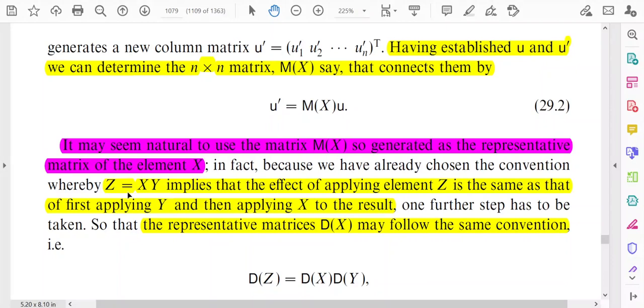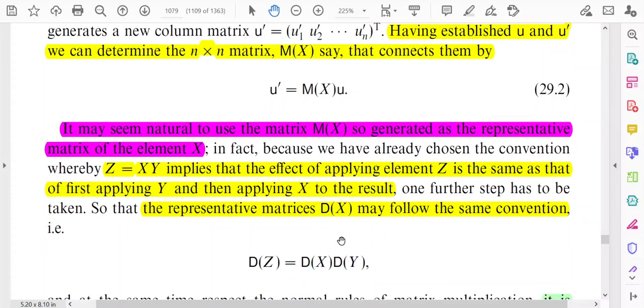Now, if from the multiplication table of the group G, this particular relation holds, that is z is equal to xy, then the representative matrix for the group G which we are going to find, if we generally name a particular representative matrix dx which corresponds to the element x, then those representative matrices will also follow the rule dz is equal to dx into dy.